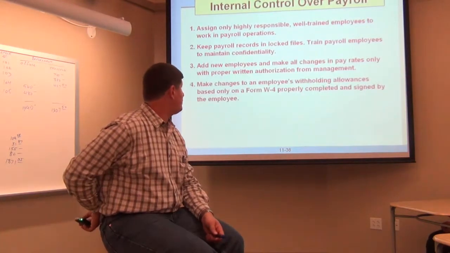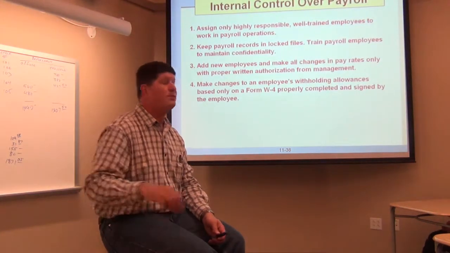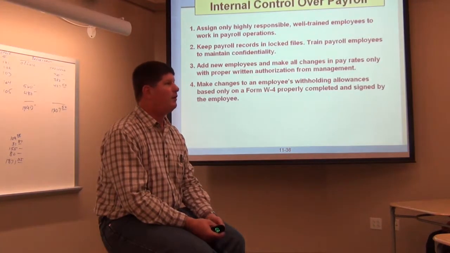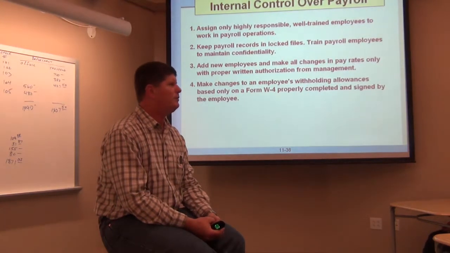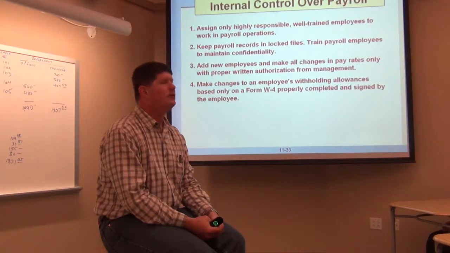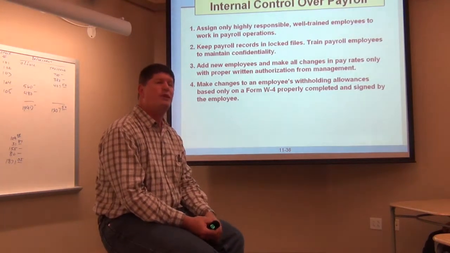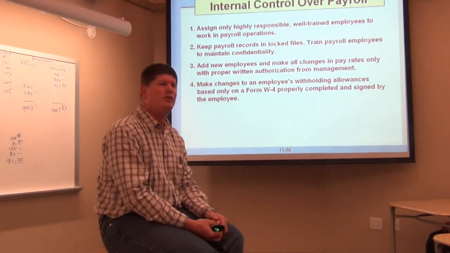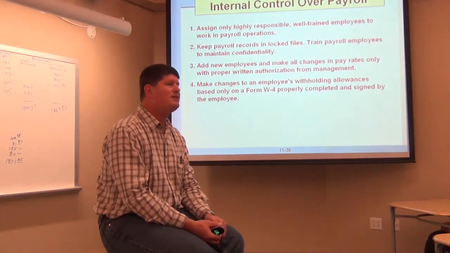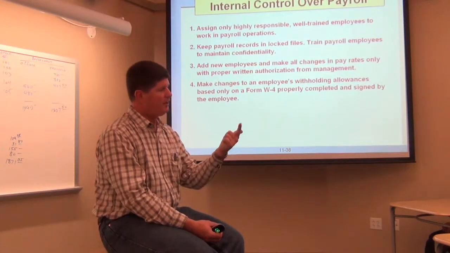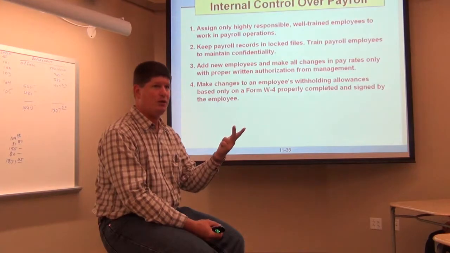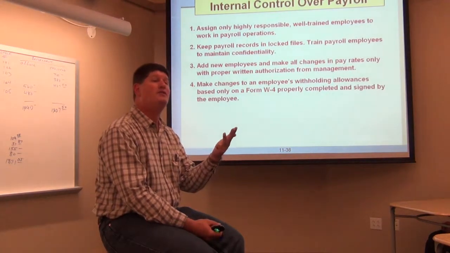Make sure you have your employees fill out, what is the form now? A W-4, right? Remember at the end of the year, every employee gets a W-2? Well, there's a form called the W-4. And this is where the employees tell the employer, here's my name, here's my address, here's my social security number, here's how many allowances I want to claim.